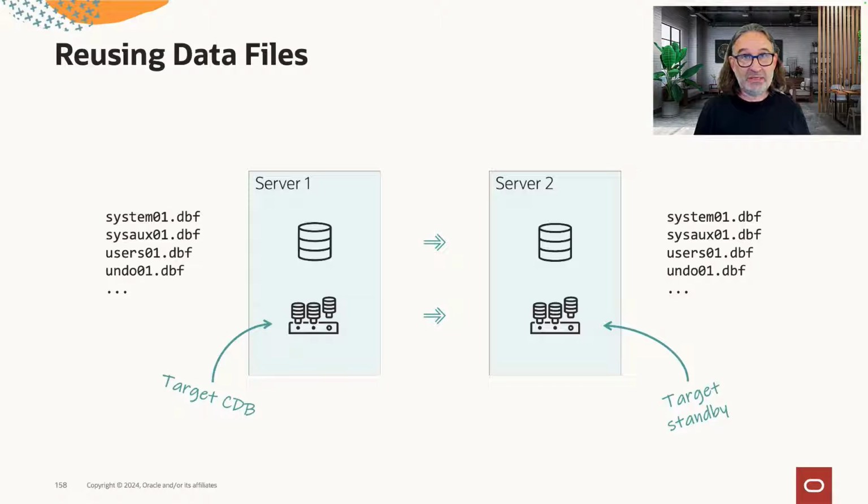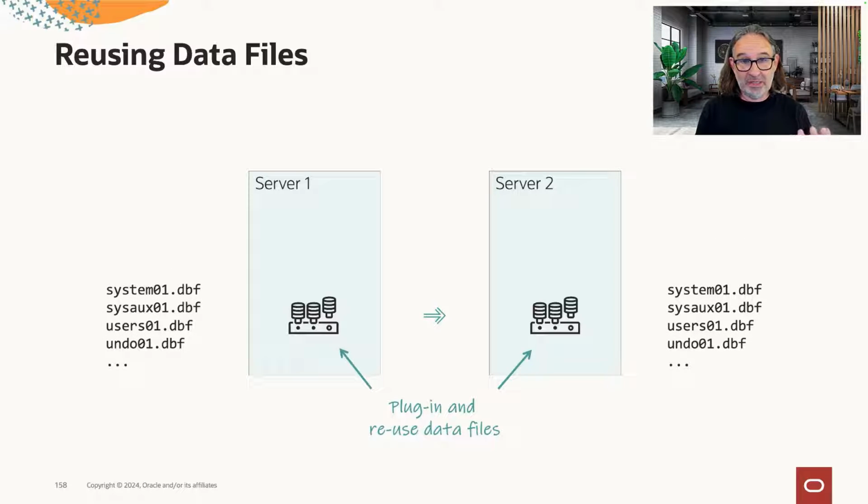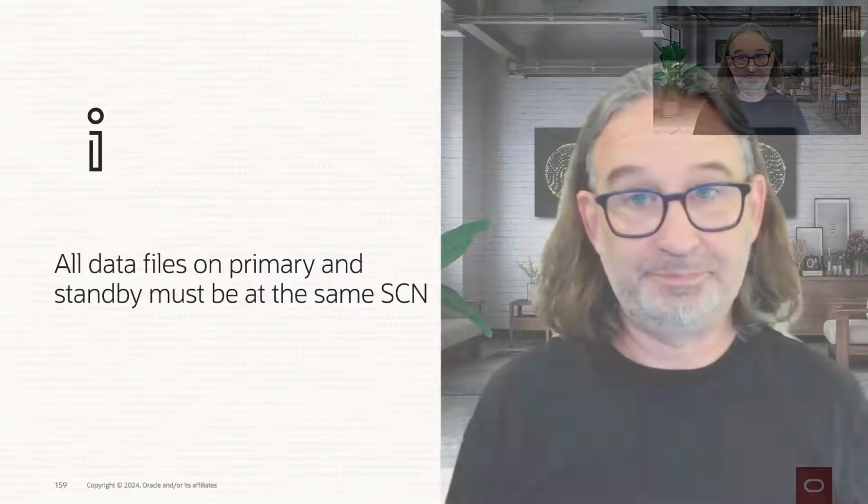Now we create our target CDB on the primary host, and then from that also the standby CDB. What happens now when we plug in? We plug in on the primary, and the plugin happens, and then propagates everything via redo, and the plugin happens on a standby as well.